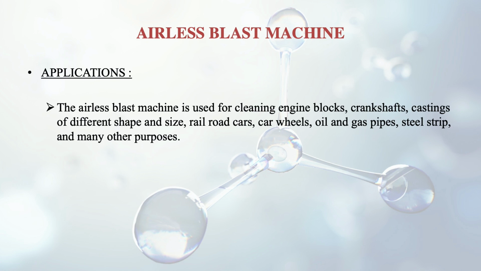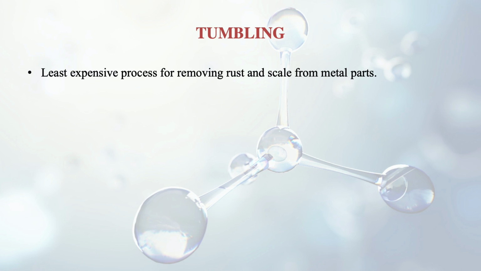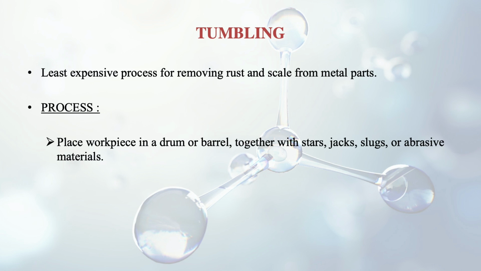The next process in the mechanical type is the tumbling process, and this one is the least expensive process for removal of rust and scale from metal parts. So in this process, the workpiece is placed in a drum or barrel together with certain jacks, slugs or abrasive materials.